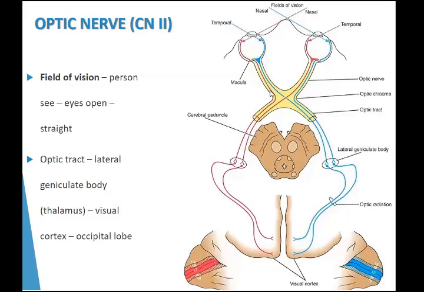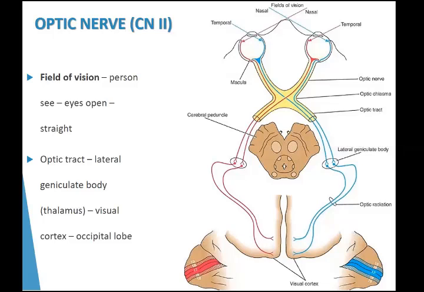अब इस optic tract में you have uncrossed fibers from the same retina, same eye, जबकि it contains crossed fibers from the opposite eye. So दोनों जो optic tracts हैं, they will contain fibers from both the retina.